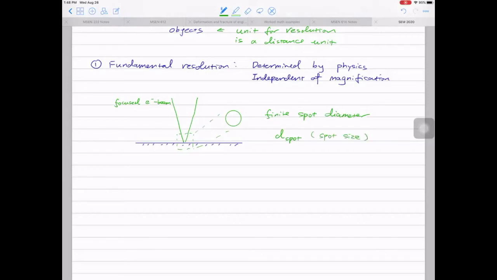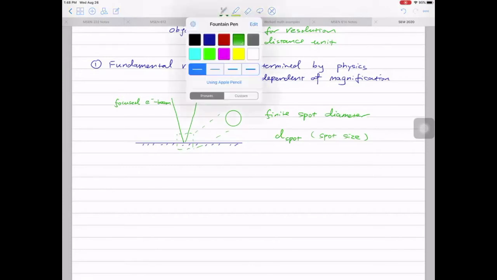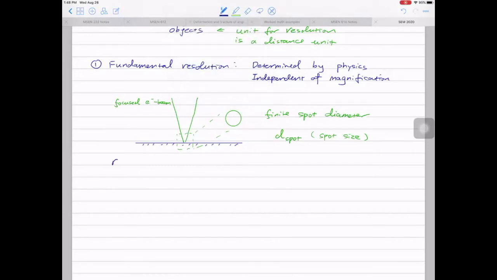Again, in TEM, spot size is a different thing. Then the next question is, how can we relate resolution, let's call resolution R, to write that down as a function of the spot size, D spot.